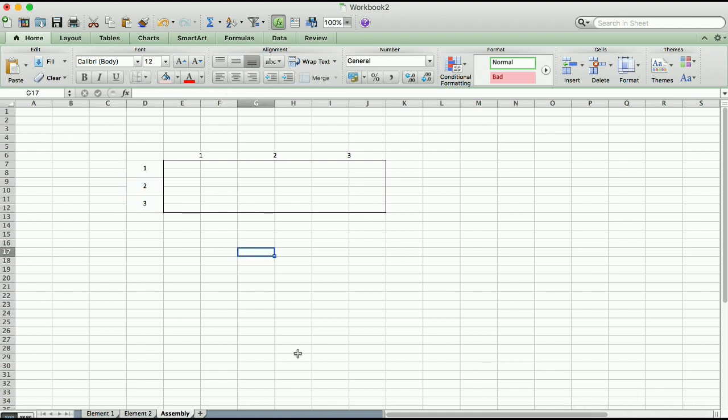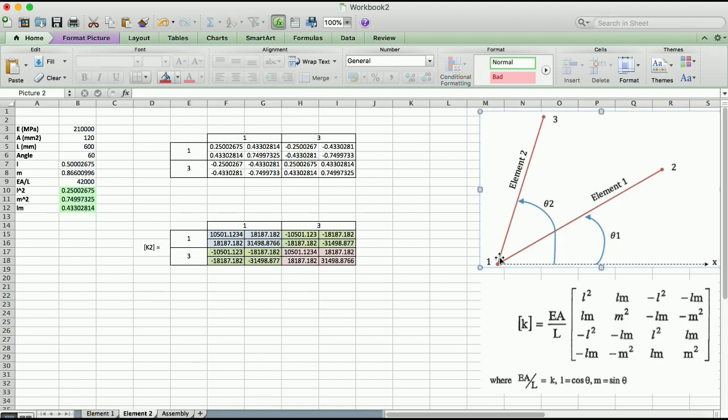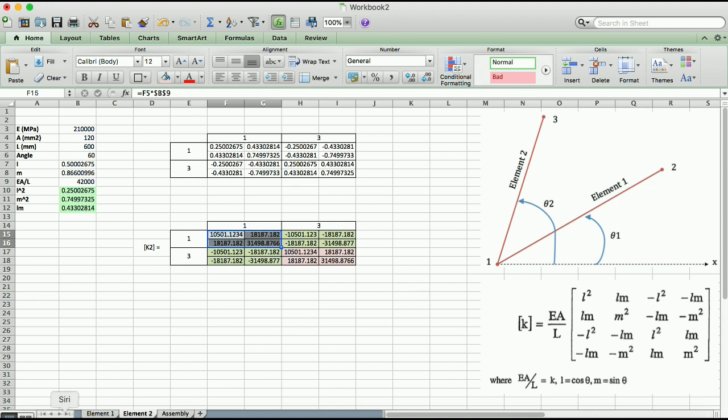So at the moment we're going to form 1, 1. Well, 1, 1 because it's a joint. So it's a common joint between element 1 and element 2. Then 1, 1 will take the numbers from element 2 and add them to the corresponding numbers in element 1.